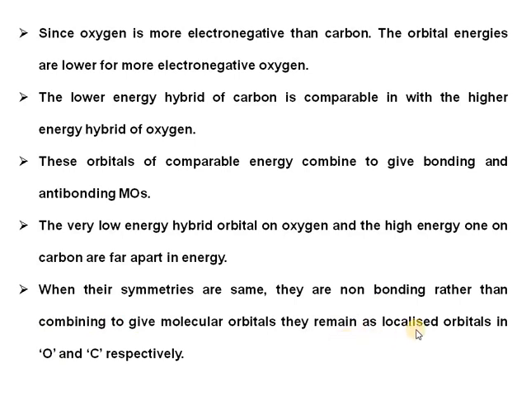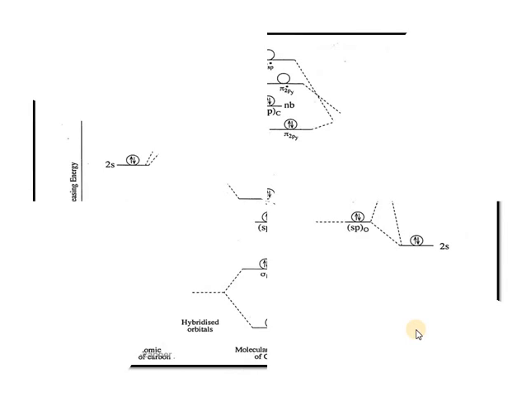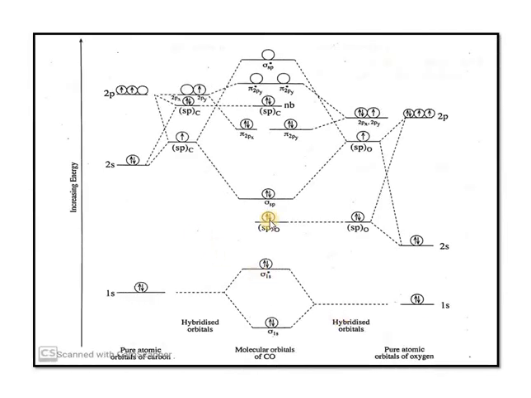From these diagrams, we clearly see that the carbon monoxide molecule is made from these non-bonding orbitals, while the 1s orbitals combine to give these molecular orbitals, right?